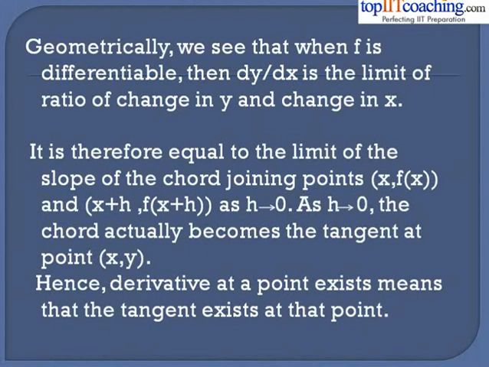So dy by dx is the limit of the ratio of change in y and change in x, equal to the limit of the slope of the chord joining (x, f(x)) and (x plus h, f(x plus h)) as h tends to 0. When h tends to 0, the chord becomes the tangent. And so we say that if a derivative exists at a point, it means that the tangent exists at that point.